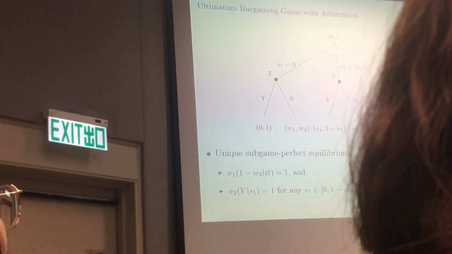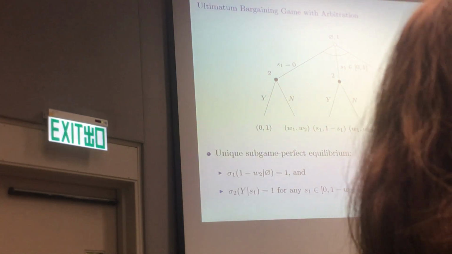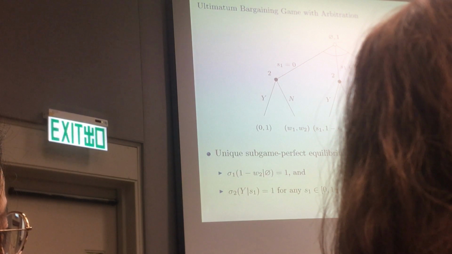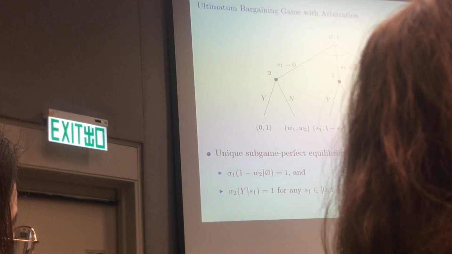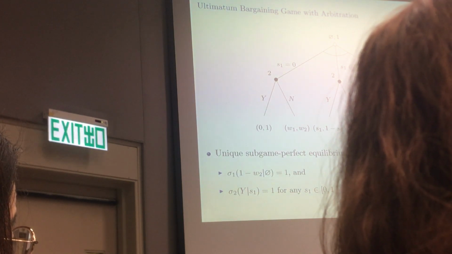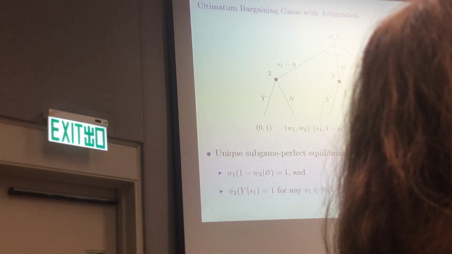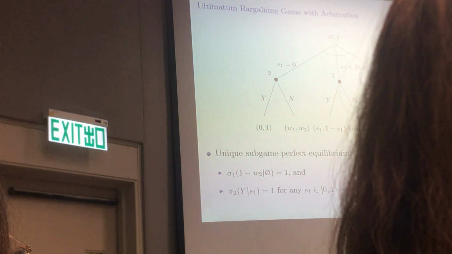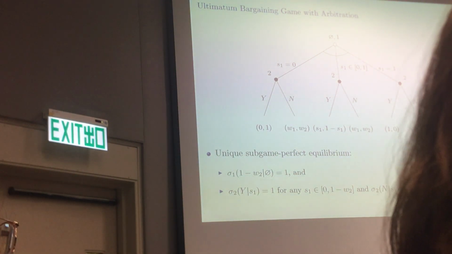If they fail to reach any agreement, they go for the arbitration process, and player 1's payoff from that process is W1. That was our assumption. This W1 has to be smaller than 1 minus W2, because of our assumption that there is some loss during the arbitration process, for example some legal fee.